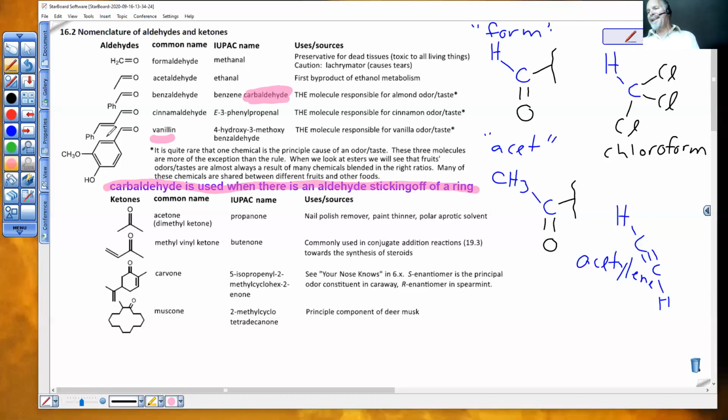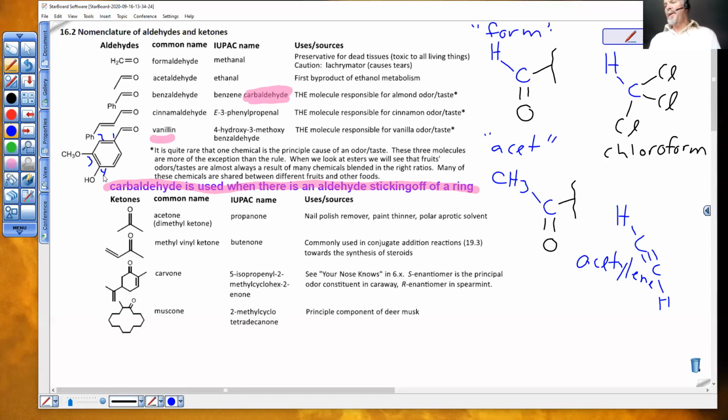So this has benzaldehyde in it, and it has a methoxy on carbon 3. Methoxy, go back to chapter 11, we could name ether groups as alkoxy groups, methoxy. It's on carbon 3 because if you name it benzaldehyde, the numbering goes like this. 1, 2, 3, and there's a hydroxy on 4.